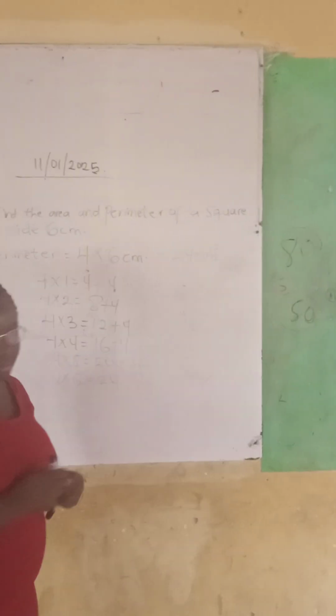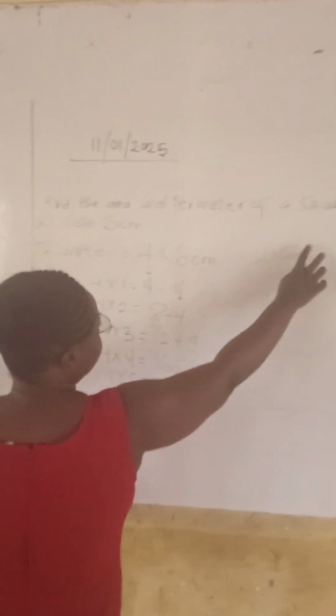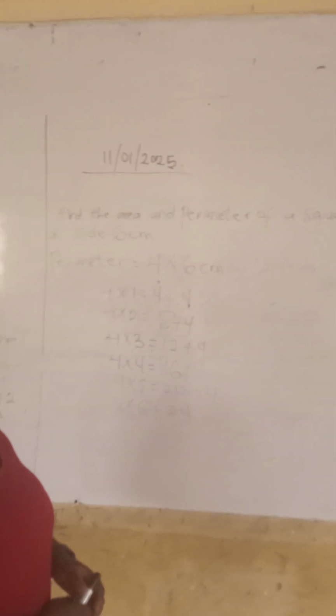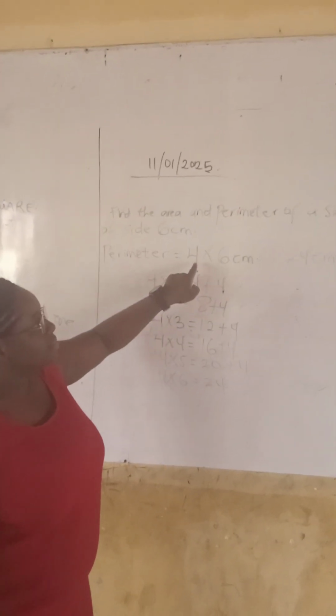It is centimeters, not squared, because it is perimeter. So we have found the perimeter of the square.